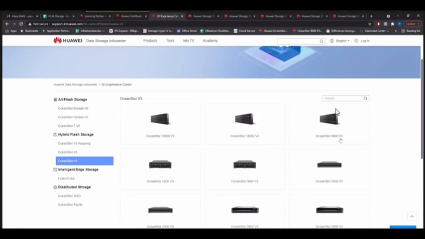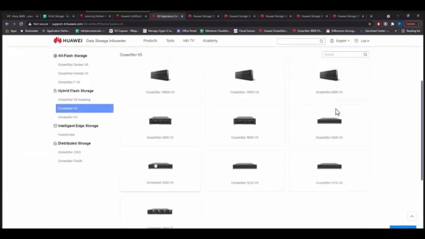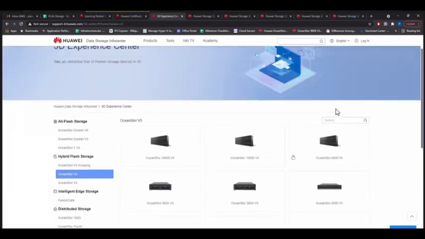Then you'll have 55, 56, 58, 68, 18, 500, 18. V5 is the same thing, but you'll have OceanStor 2800. Then they jump to the 5 series. This will be your mid-range, and your high-end products will be OceanStor 1800 and OceanStor 6800.